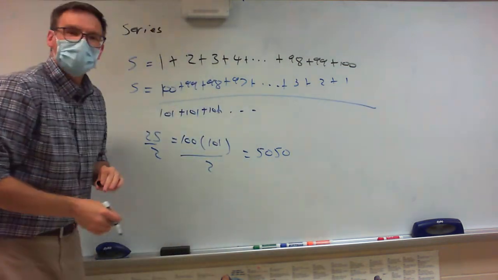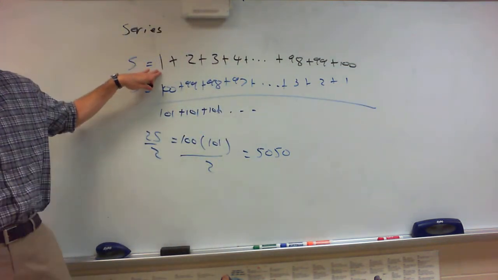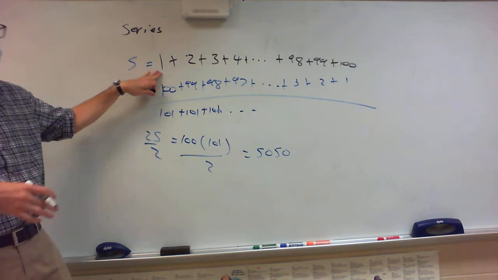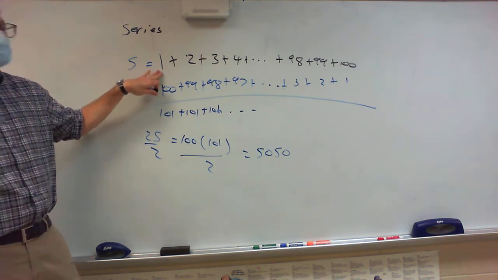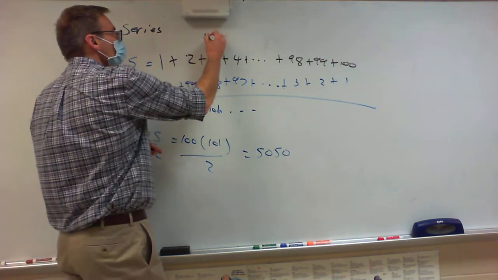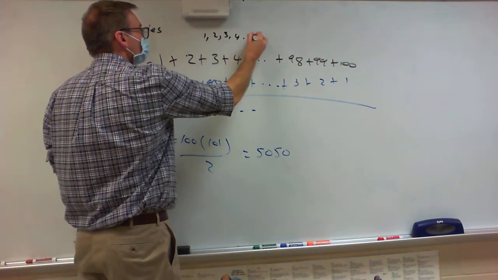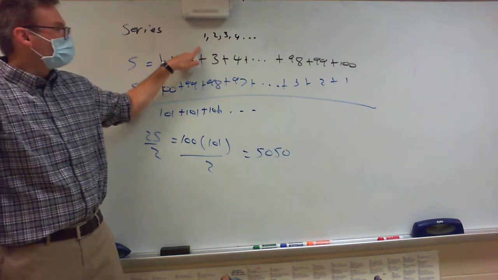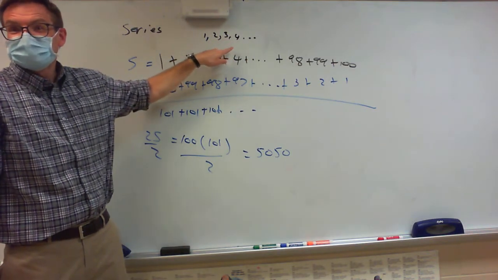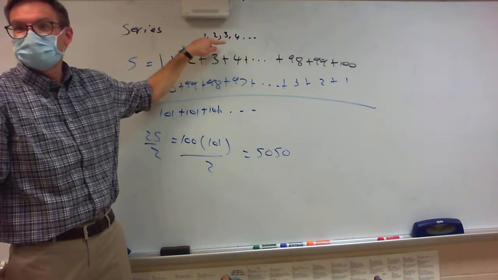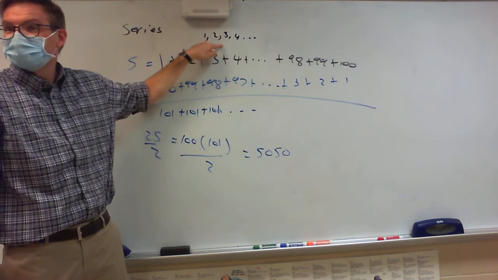And believe it or not, this is an arithmetic series. This is about the most basic arithmetic series you could possibly have. Because if I just gave you the list of numbers, 1, 2, 3, 4, dot, dot, dot, this is arithmetic. Do you see your common difference is 1? Can we agree that that's about the most basic arithmetic sequence you could possibly have?